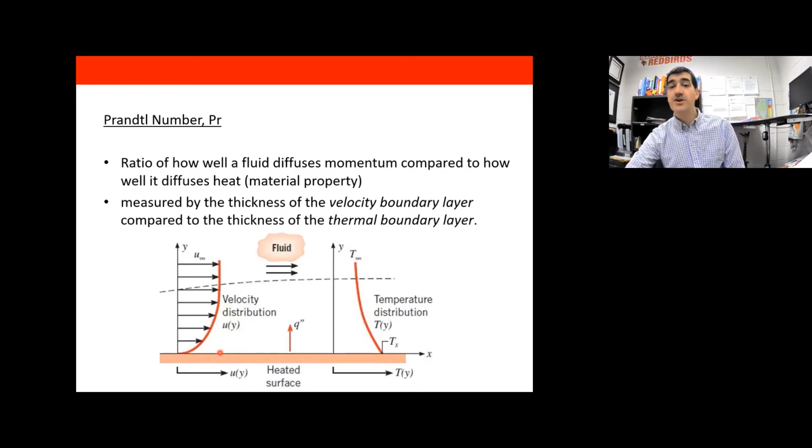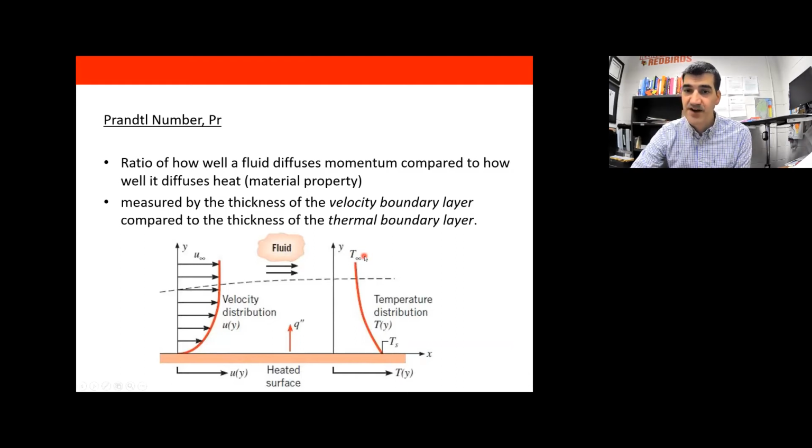All right, so we're going to compare that, how well it diffuses momentum, velocity related momentum, to the thickness of what's called the thermal boundary layer. Let's say that our solid surface was at T sub S, and our bulk fluid is at a lower temperature.